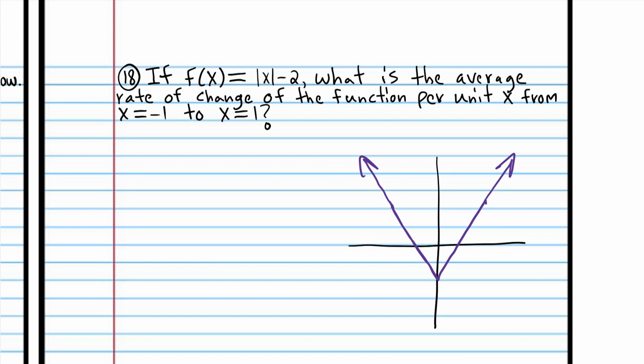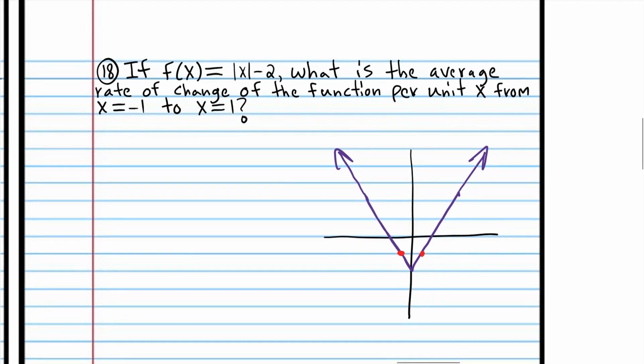So x equals -1. That would be about here. Now, if you plug in -1 for x, absolute value of -1 is 1, and then 1 minus 2 is -1. So I know that the point is (-1, -1). If you plug in 1 for x, then you get absolute value of 1 is 1, 1 minus 2 is -1. So (1, -1). So these are the 2 points that we're considering.